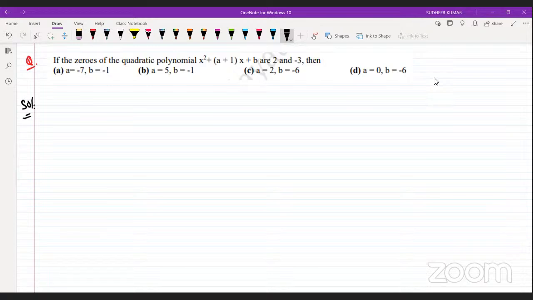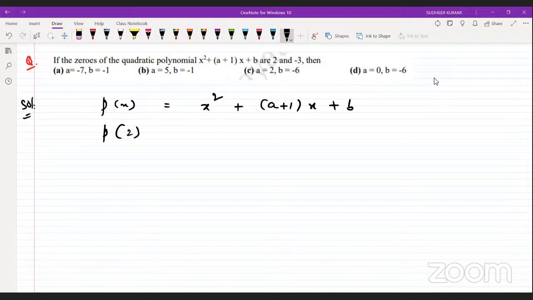So let's take p of x as x square plus a plus 1 times of x plus b. If p of 2 equal to 0, when it is 0 of the polynomial, then 2 square plus a plus 1 into 2 plus b equal to 0.